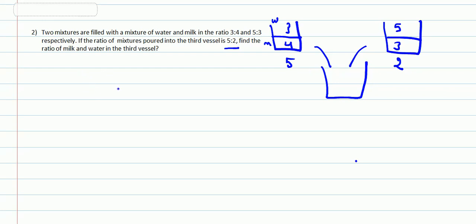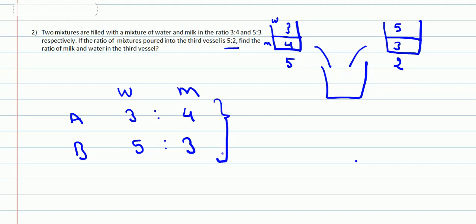So I'll be writing water and milk, and it says that the ratio is 3:4 and 5:3 respectively. And guys, since it is mentioned that the ratio of mixtures poured into the third vessel is 5:2, that means we have taken 5 parts from this vessel A and 2 parts from this vessel B.